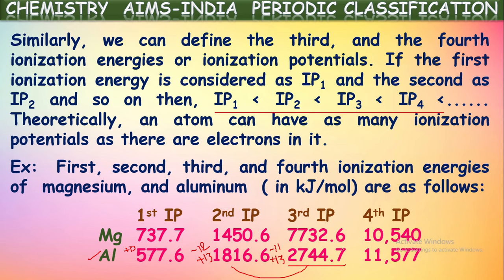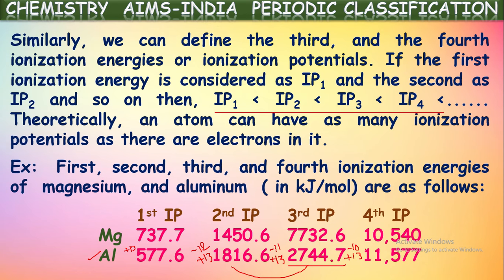If you remove the third electron also, then the number of electrons becomes only 10, but nuclear charge is maintained as it is, 13 units. So the nuclear force of attraction on the remaining 10 electrons will be much more. It will hold the remaining electrons very tightly.